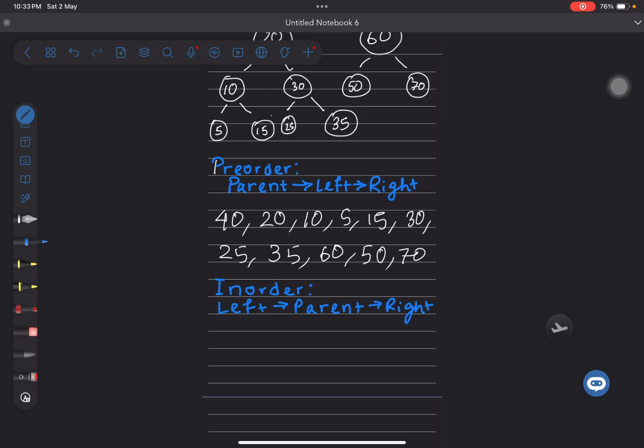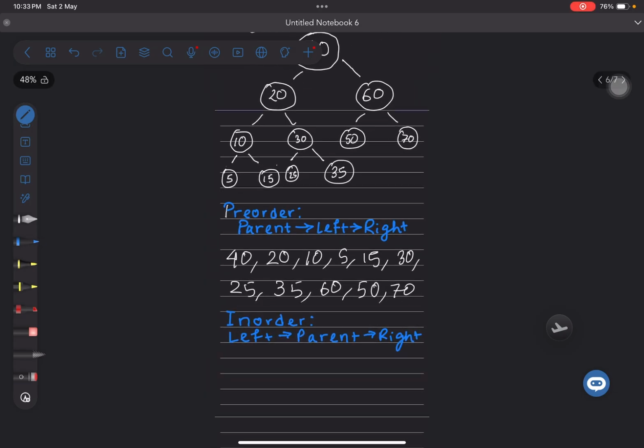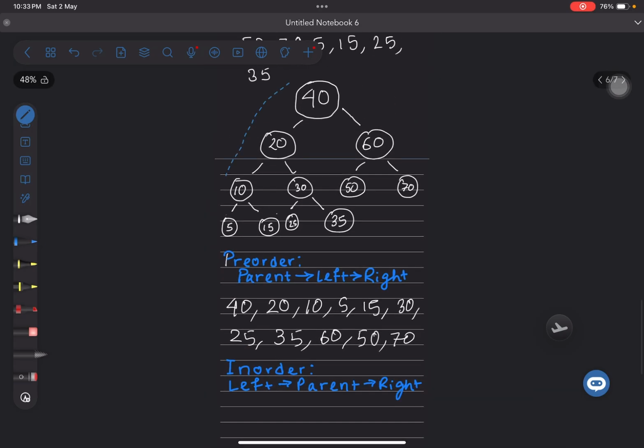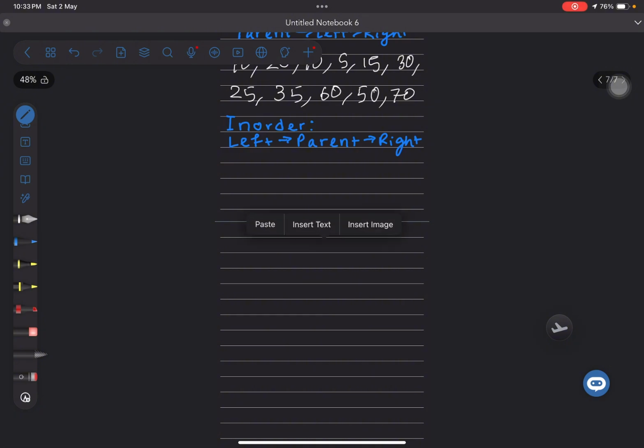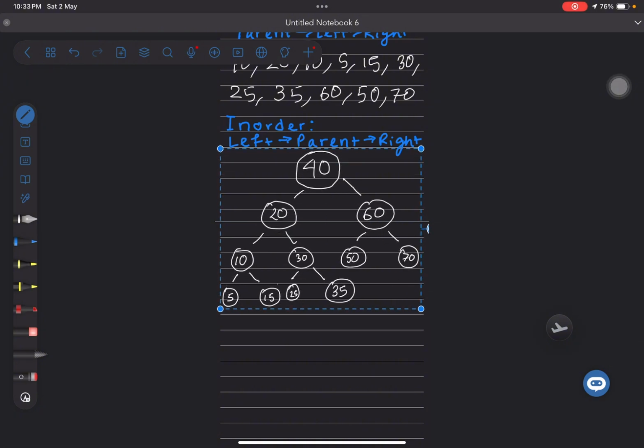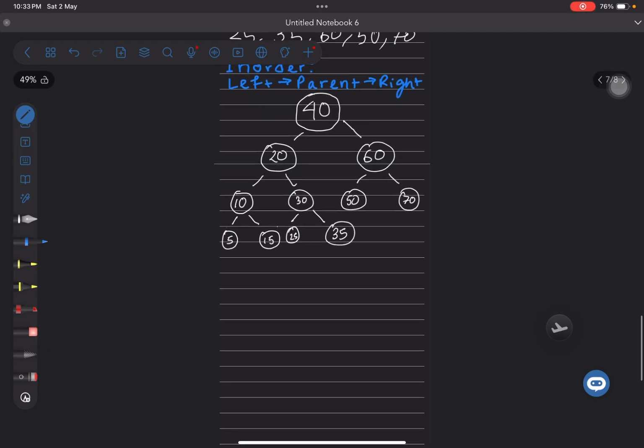So how it works basically is, let me actually copy this thing so I can bring it down. Copy, paste. Okay. So now for in order, we are going to try to go to the absolute left as possible.